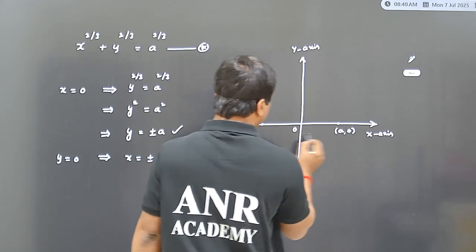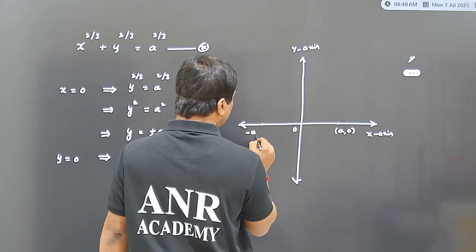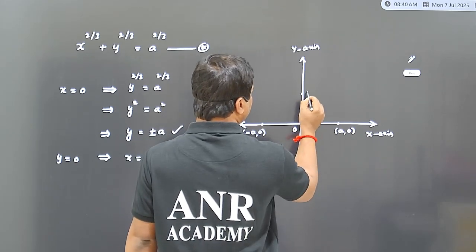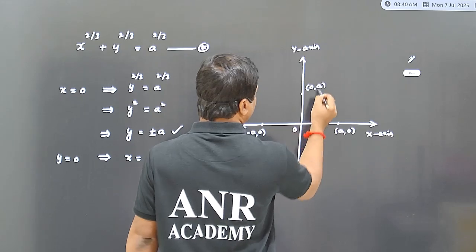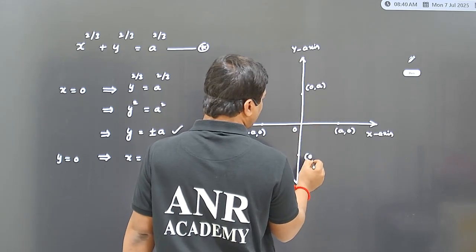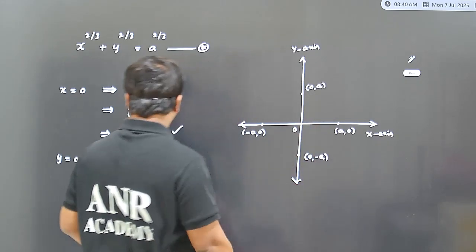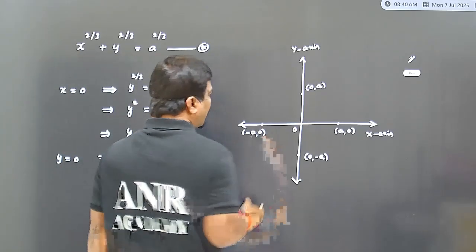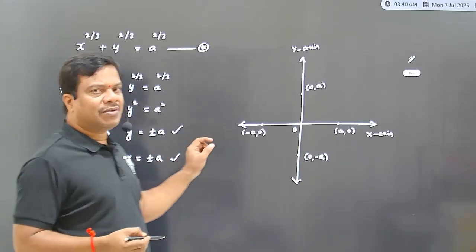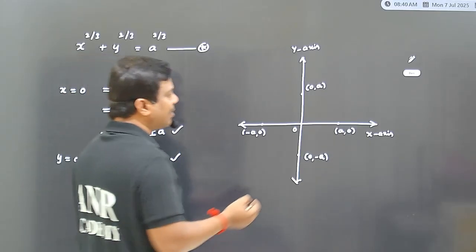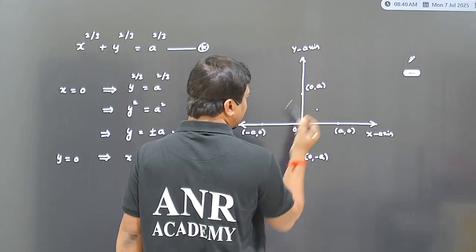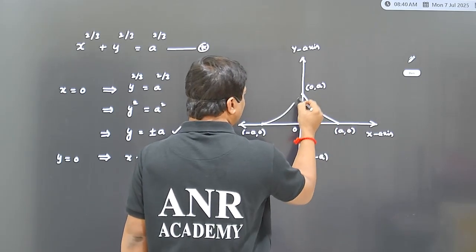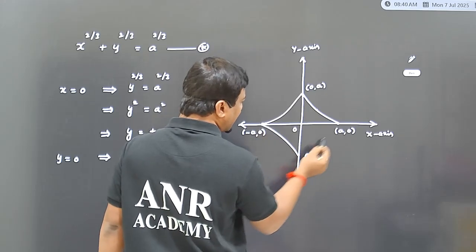Next 0 comma a. Next 0 comma minus a. So the curve passes through these 4 points. And if you write the values of x less than a, then it gives a positive result. And you will get the graph in this way.